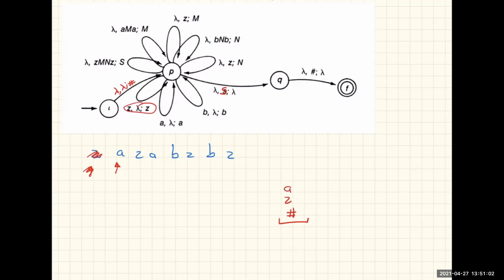Let's consume this A, and then this Z. And then we need to take a decision, because we know that at some point we need to have AMA. So at this point, we would like to have this Z changed by an M. So magically, we decide to choose this arc now.